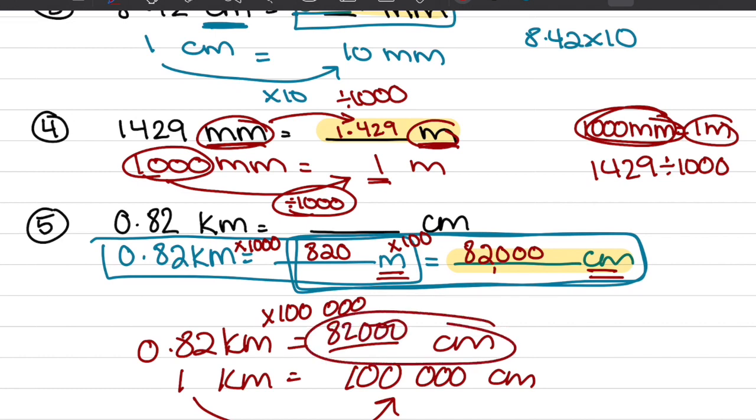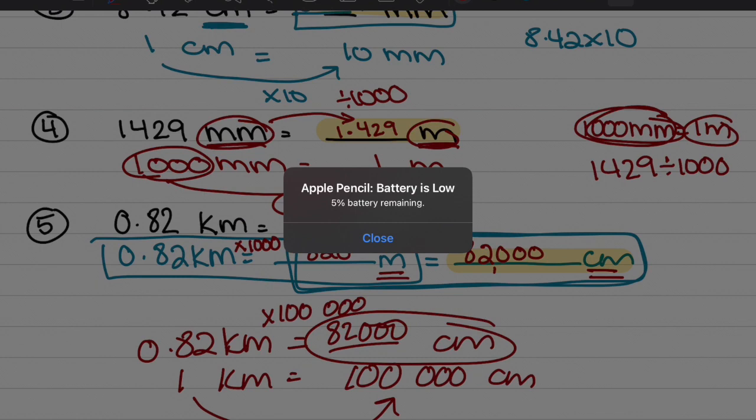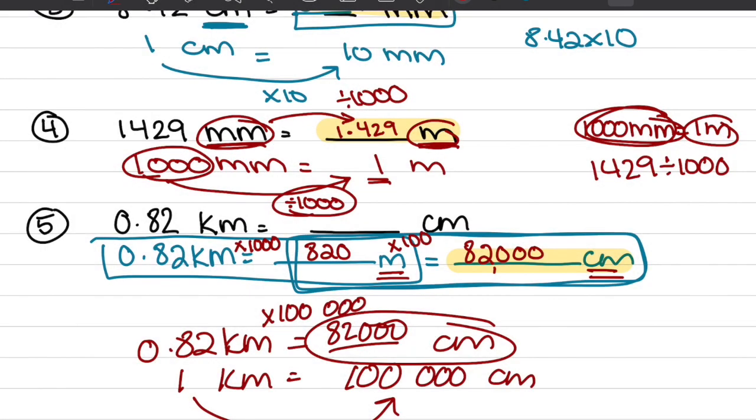So that's just a shortcut if you don't want to stop at the meters. So this is how we convert SI units of length. What you should do is practice so much, all types of questions. Go from bigger units to smaller units. Pick questions that have decimals and zeros and all of that before you move on to converting units of area and volume.